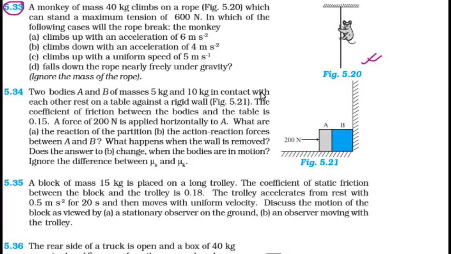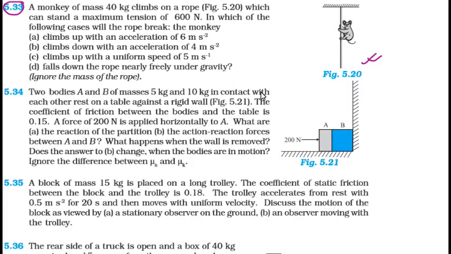In which of the following cases will the rope break? A: the monkey climbs up with an acceleration of 6 meter per second square. B: climbs down with an acceleration of 4 meter per second square. C: climbs up with a uniform speed of 5 meter per second. D: falls down the rope nearly freely under gravity. Ignore the mass of the rope.